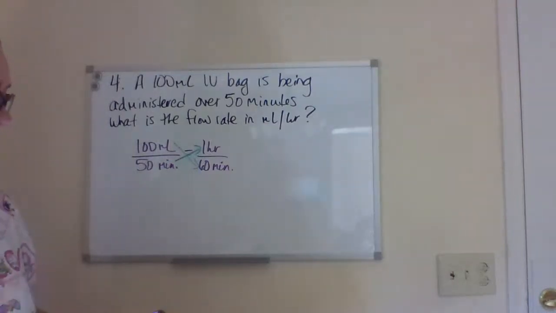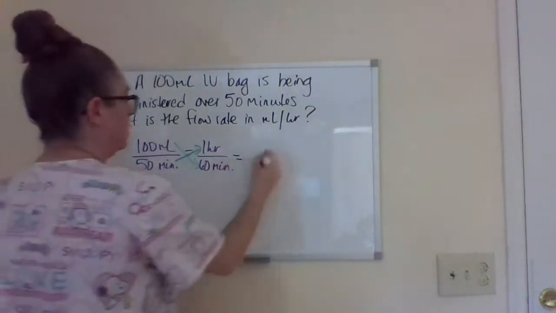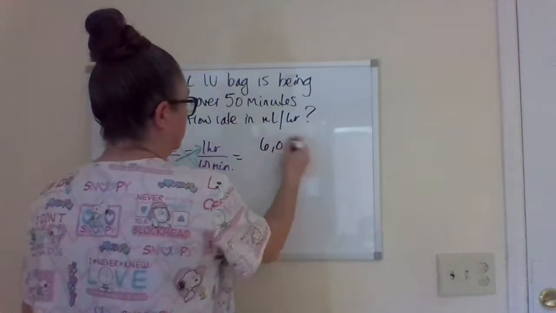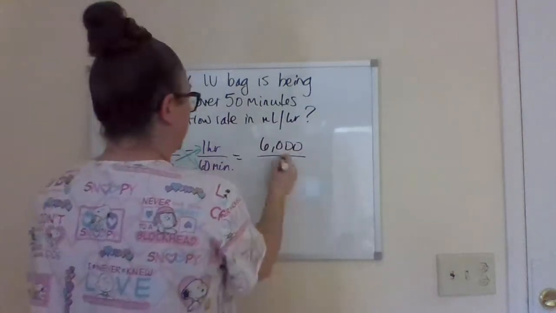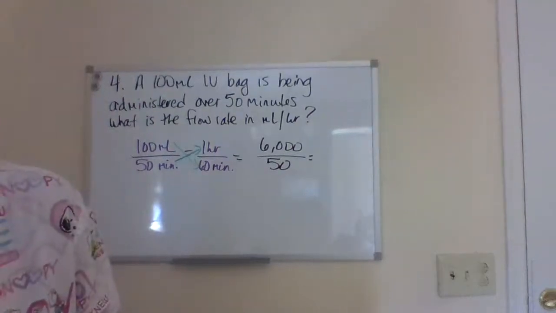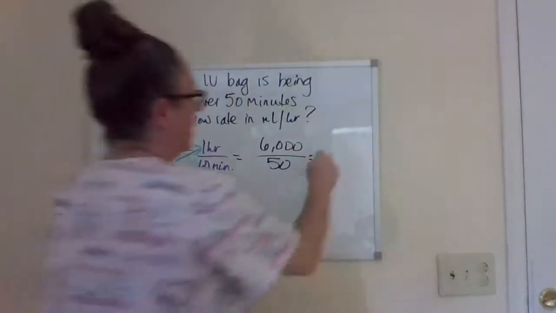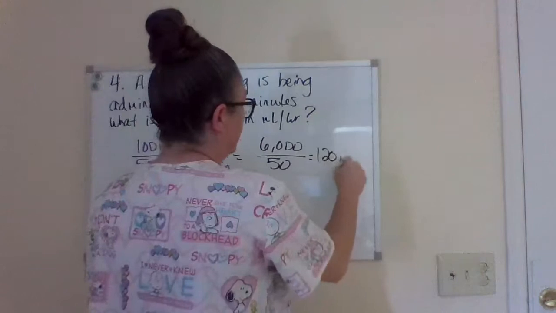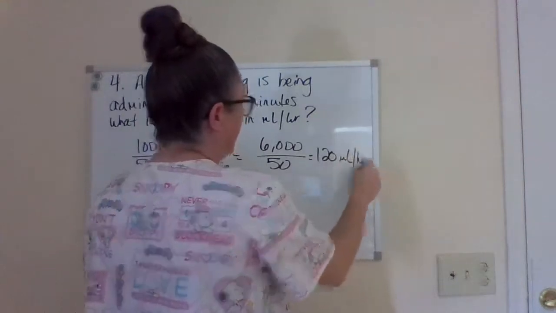So 100 times 60 is 6,000, and then 50 times 1 is 50. So we're going to divide 6,000 by 50. And our bag is running at 120 mLs per hour.